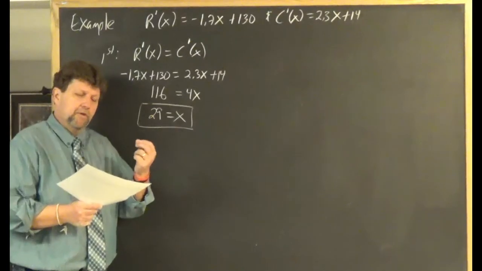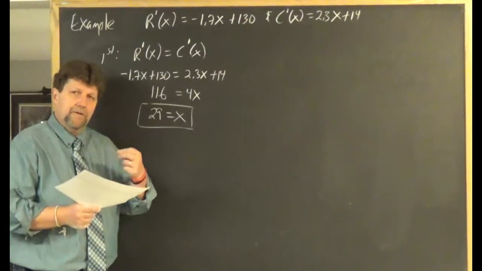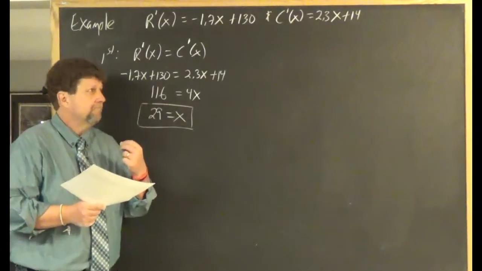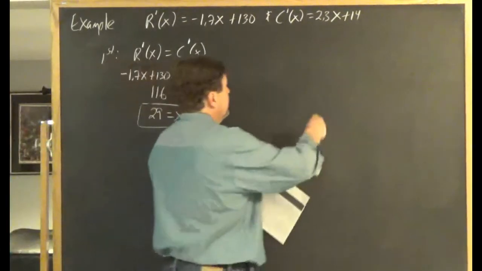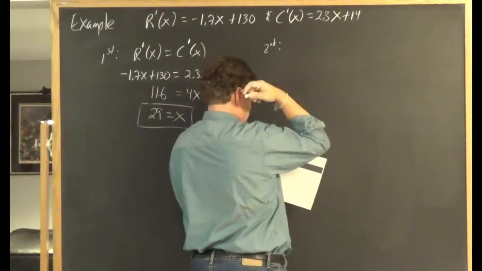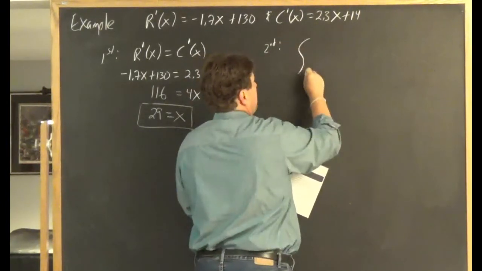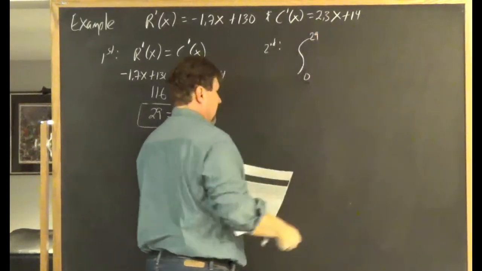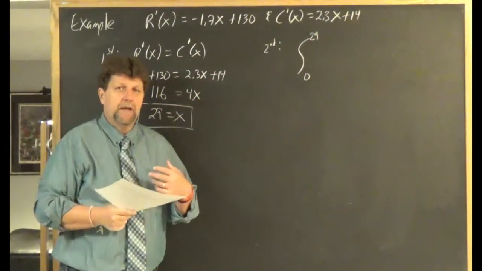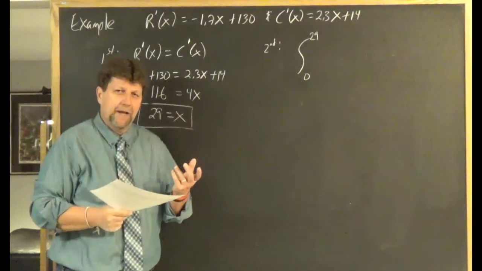I want to compute the total profit from x equals 0 to the value of x where profit is maximized. So keep in mind, this is just an application of area between curves. I mean, we're still integrating top curve minus bottom curve, but look at it another way.